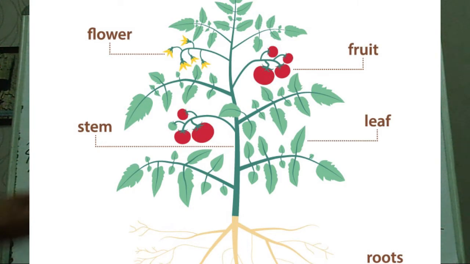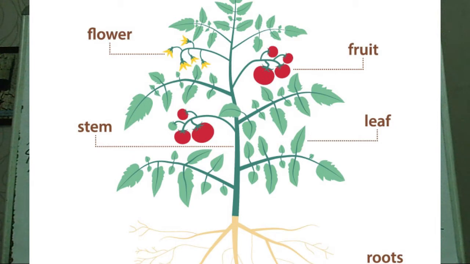When a flower develops into a fruit, in that fruit you can see some seeds also. So there are many parts of the plant if we are going to explain it. Basically, the general structure of the plant is common for all the categories of plants.